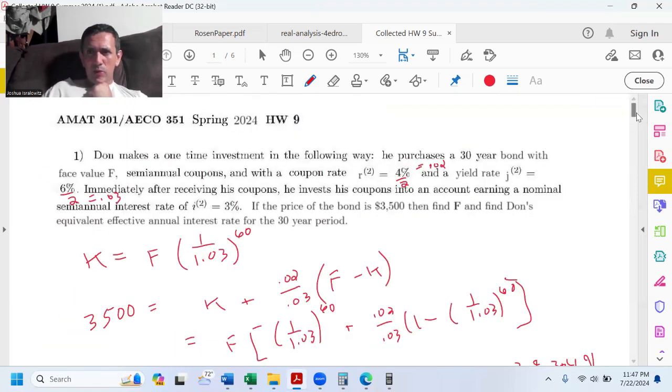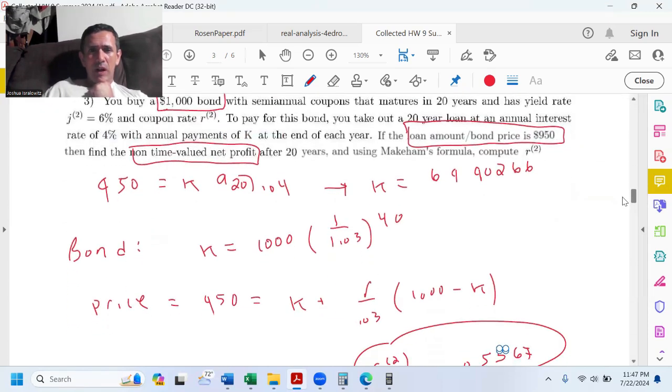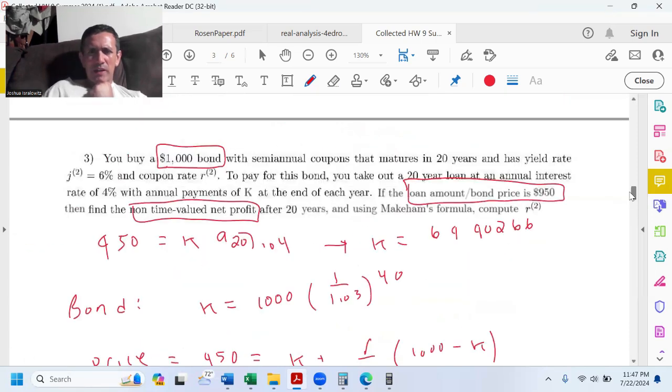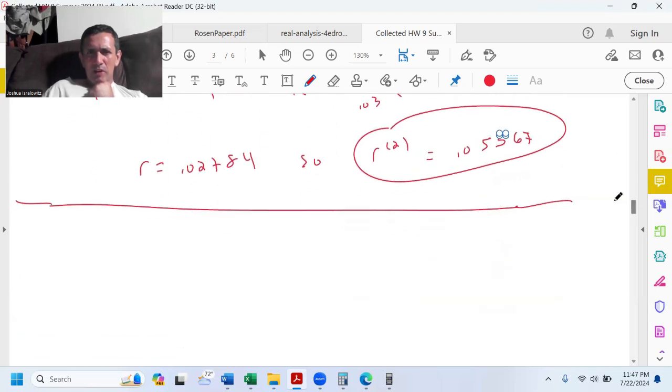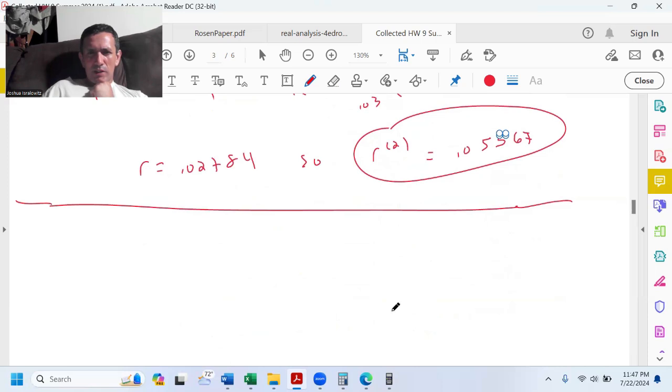But if I don't tell you you're investing your coupons and I particularly want non-time valued profit, don't time value anything. It was very strange that people did that. They found the accumulated value of coupons. I'm not even giving you an investment rate anyway, so that makes no sense at all to take the accumulated value of coupons if I don't give you a rate the account earns.